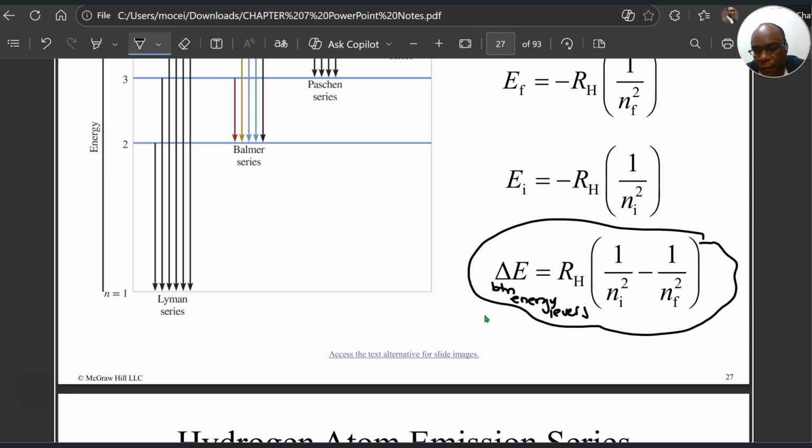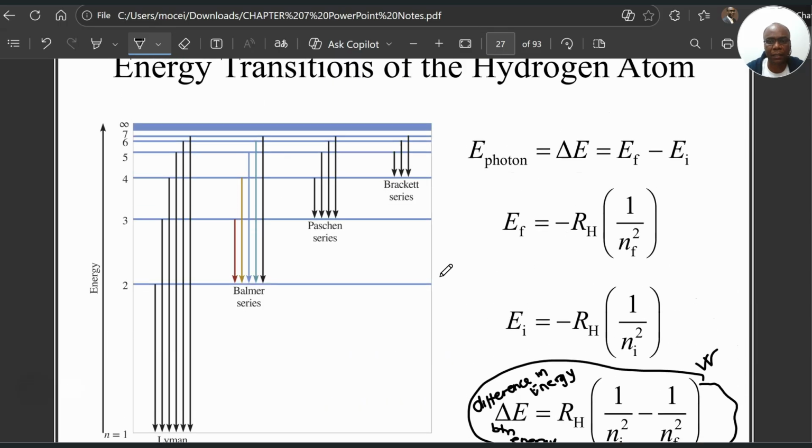Okay, so the delta, the triangle, is just the difference in energy between two energy levels, given by this equation, where RH is called the Rydberg constant.